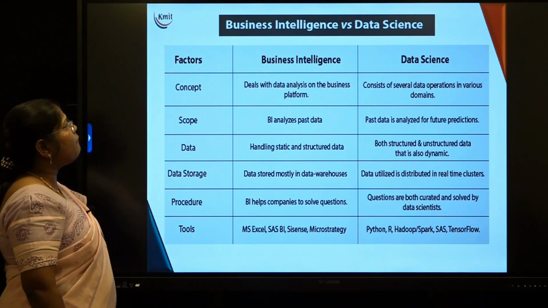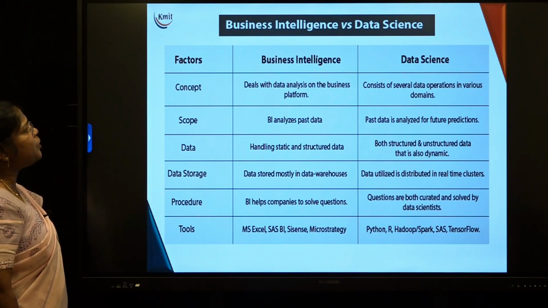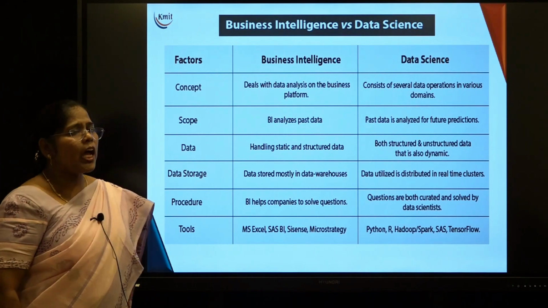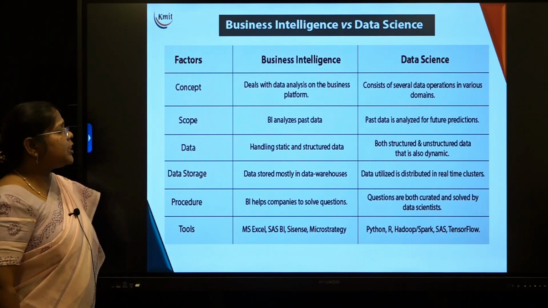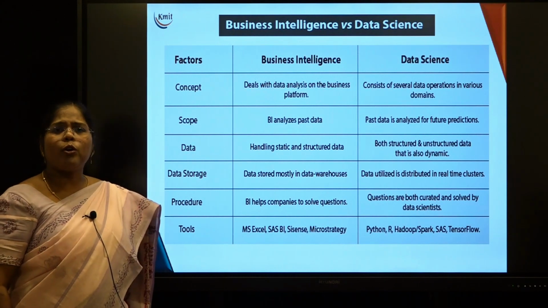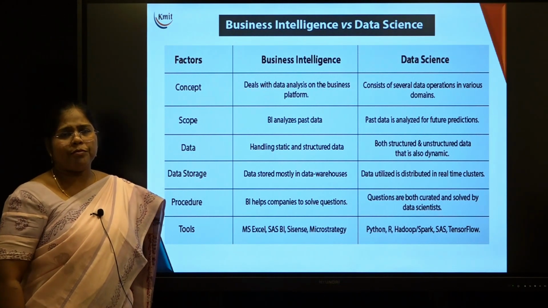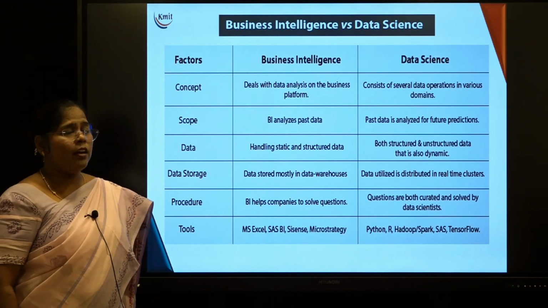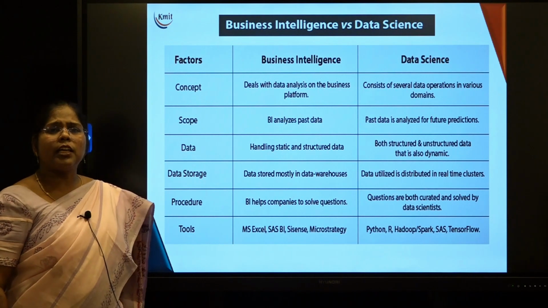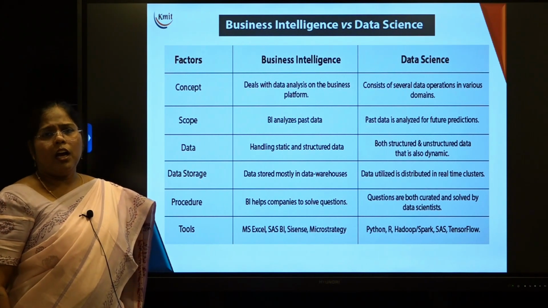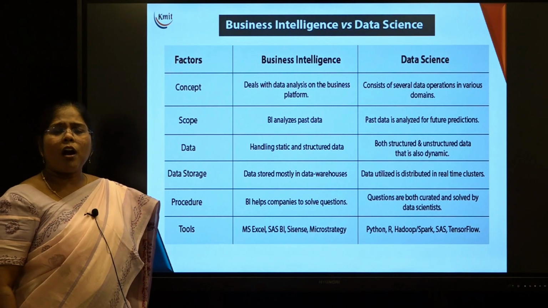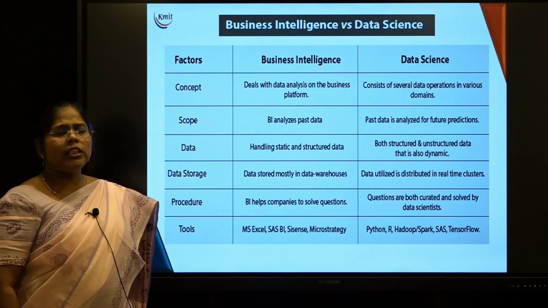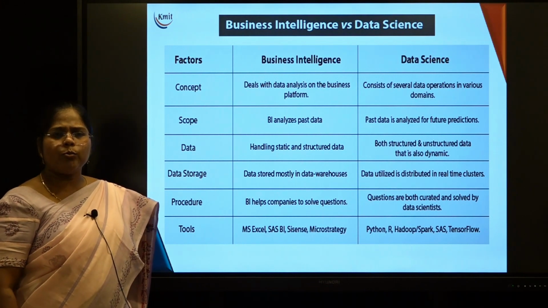The main difference between business intelligence and data science is that business intelligence gives a solution only for the company, or a decision that it has to make, whereas data science gives the predicted results that are going to occur in future. These are the 3 topics that we are done with for the day.